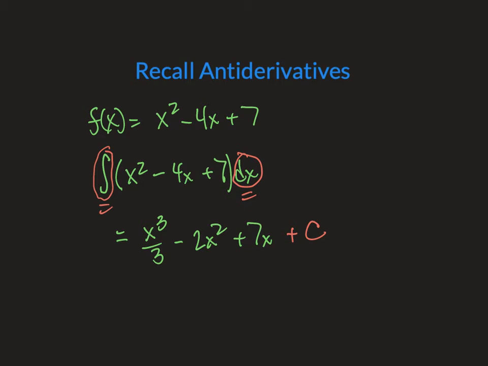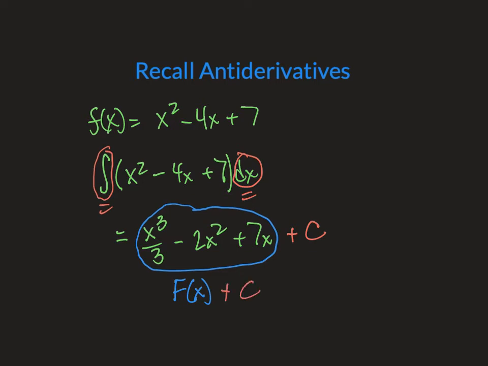Now, I want to make sure you understand how these pieces are named. So this part right here has a special notation. That's called capital F of x. The antiderivative part that we can figure out is capital F of x. And then remember, we've got that constant that we put on the end.